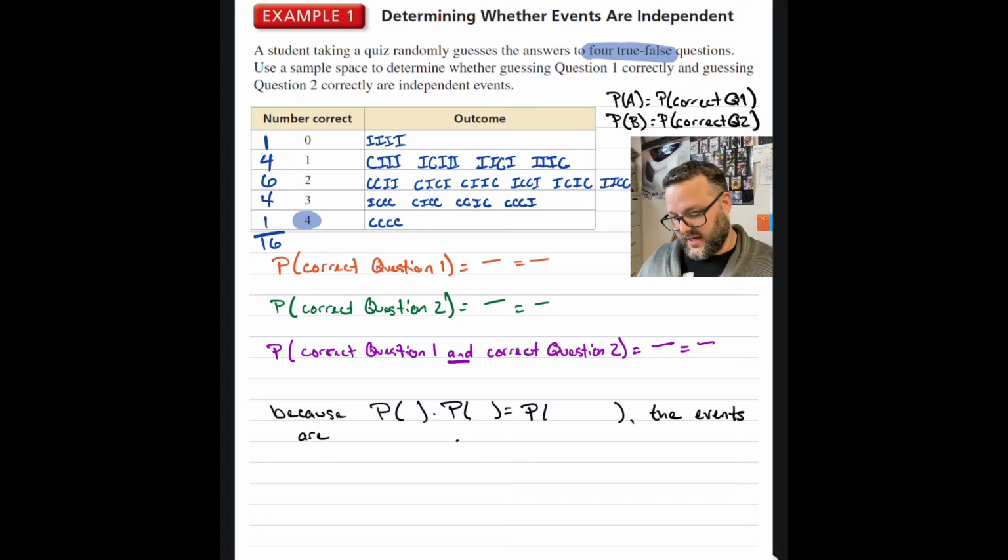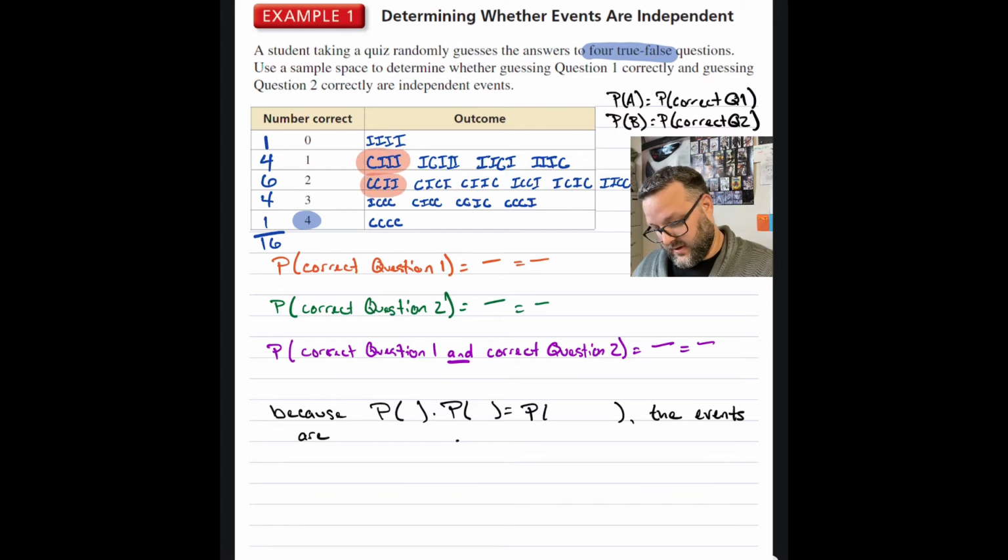So to be able to say that we got the first question correct, we're not actually looking at the left-hand side. We don't care about how many numbers we got correct. We're actually saying, did we get the first question correct? I see that happen there.